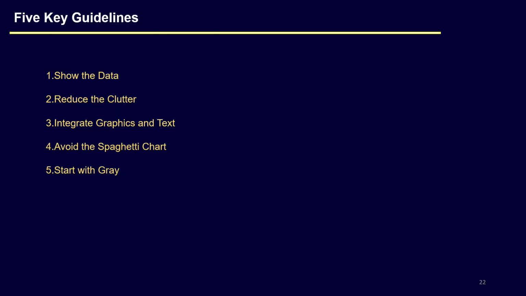Now, this is the fun part where we talk about the guidelines of creating infographics or data visualizations for the public or a broader audience. So the first thing is show the data, reduce the clutter, integrate graphics and text, avoid the spaghetti chart, and start with gray.